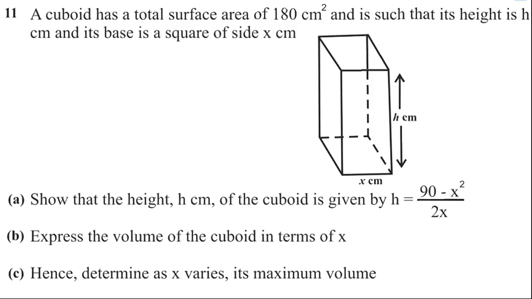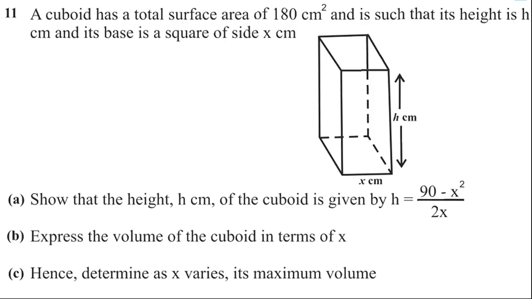Part A says: show that the height h of the cuboid is given by h is equal to 90 minus x squared over 2x. According to the question, they want us to make h the subject, such that h will equal 90 minus x squared over 2x.